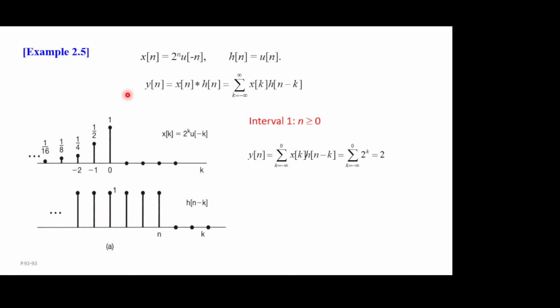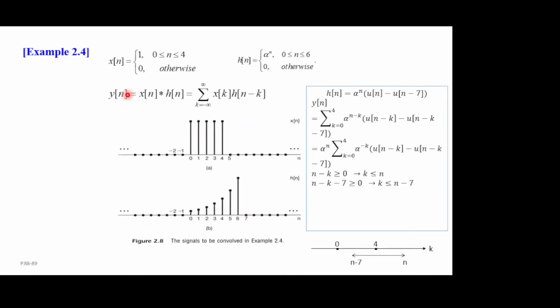And I have something a bit different. If you want to brute force this with just algebraic calculation, although you still need to do the interval analysis, you can also say your h of n is alpha to the n.